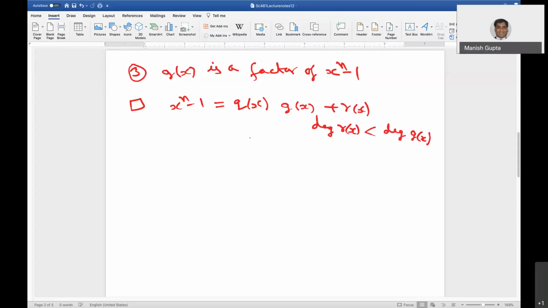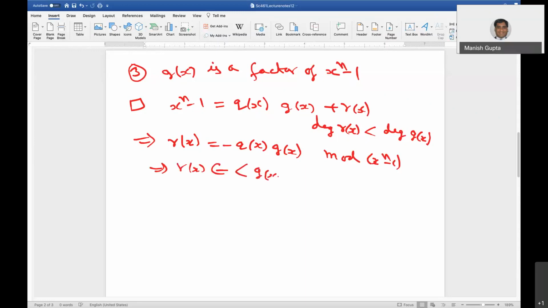This implies that by simple calculation I can show that r(x) is equal to minus q(x) times g(x), and if I reduce it modulo x raised to power n minus 1, this implies that r(x) belongs to the multiples of g(x).